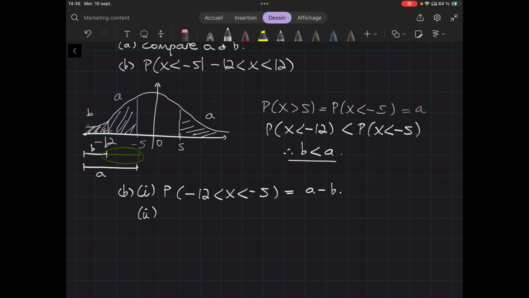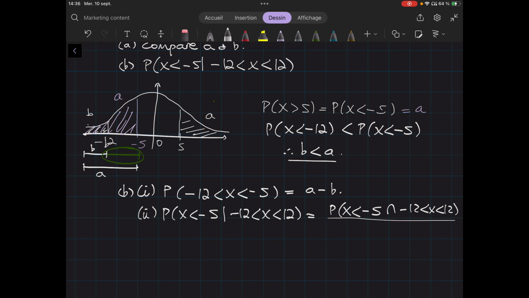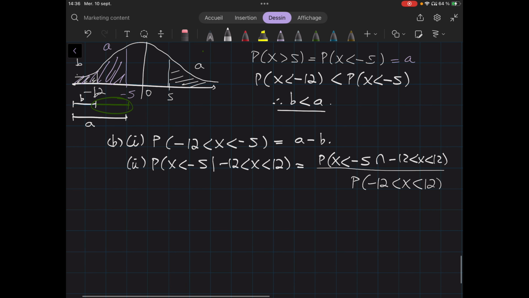In part 2, this is a conditional probability. This probability is equal to p of x less than negative 5 intersecting negative 12 less than x less than 12, divided by the probability of negative 12 less than x less than 12. How do we simplify this intersection over here?